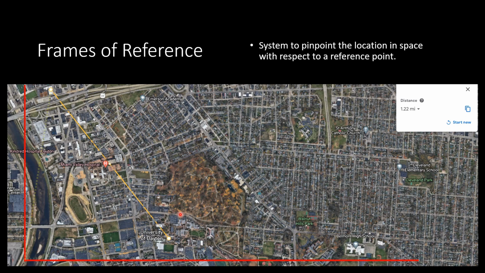So one thing I'd said is that based on the frame of reference, which is your x-axis and y-axis, you can locate both the University of Dayton and CJ from where you stand.